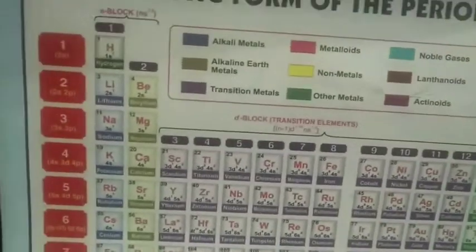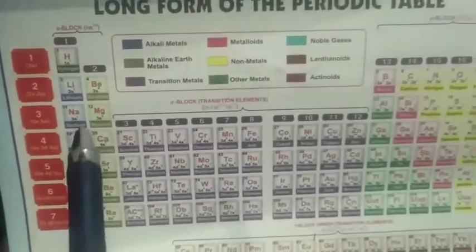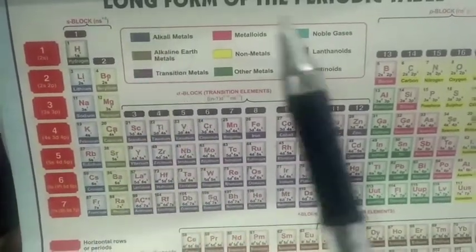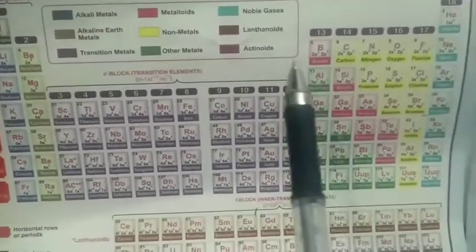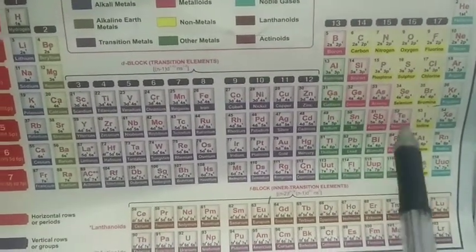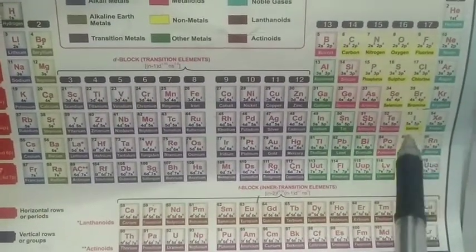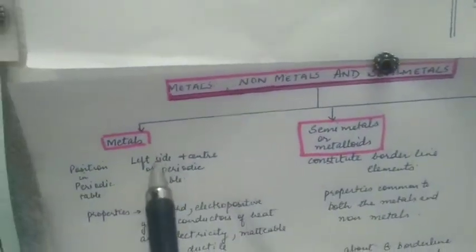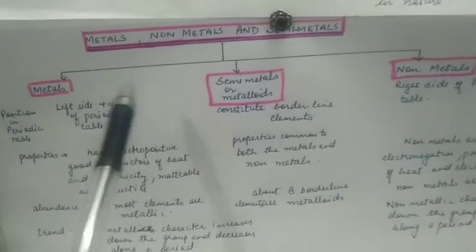Apart from this, we can also classify the elements of the periodic table into metals, non-metals and metalloids. The elements shown in pink are semi-metals or metalloids. So how do they differ from each other?